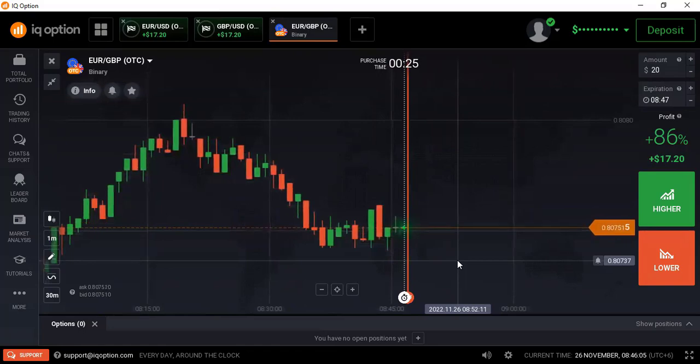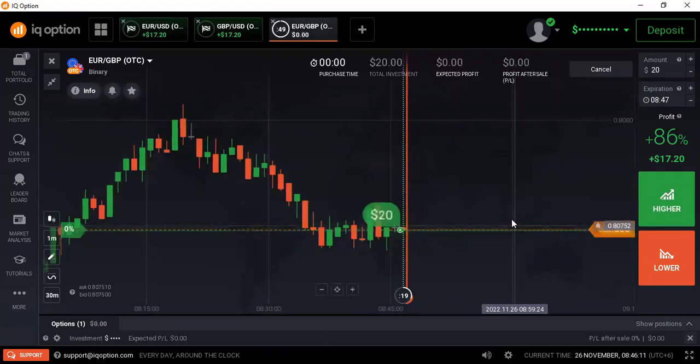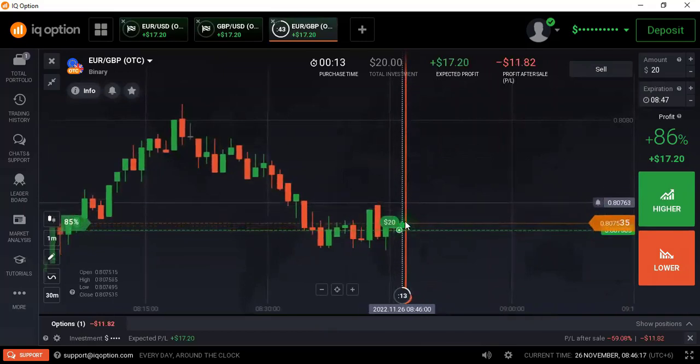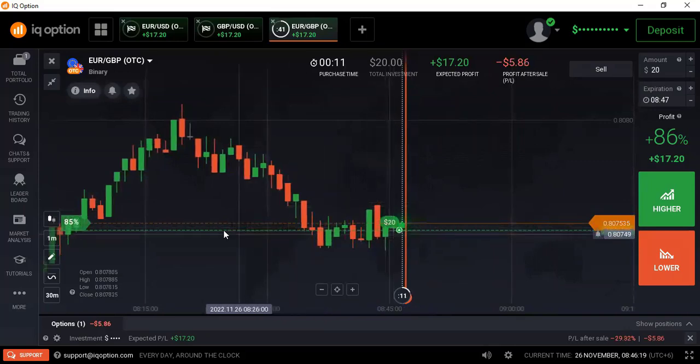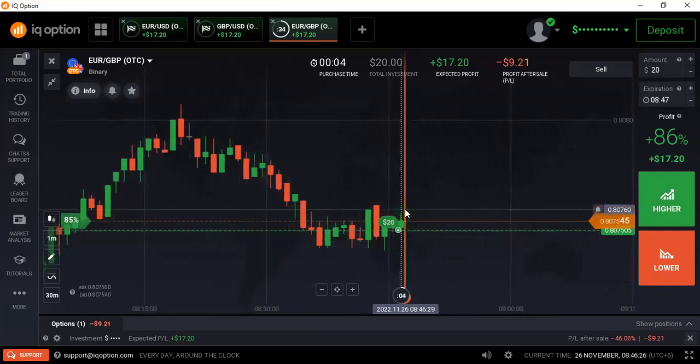Okay, till now this is not a perfect situation here, but the doji candlestick exactly formed at the support area, above the support area. That's why I placed my trade below the support level to the upper direction. So I think it will close above my entry point, because this doji candlestick is above the round number level. This is my confirmation here. So that's why I placed my trade here to the upper direction. I think the market must close above my entry point.